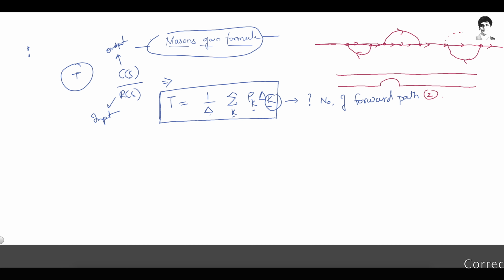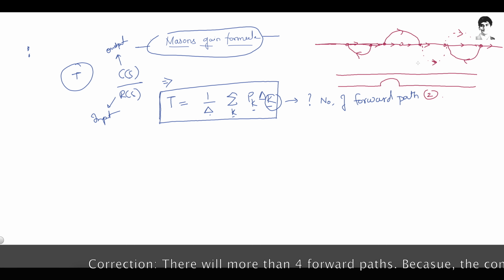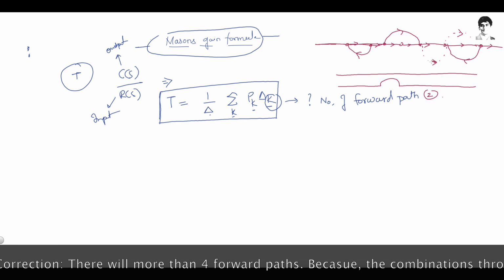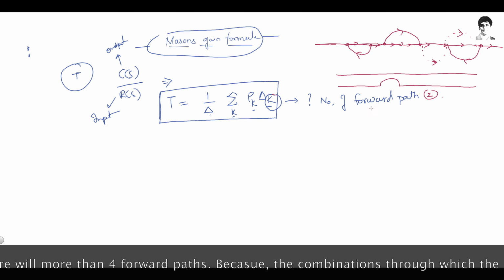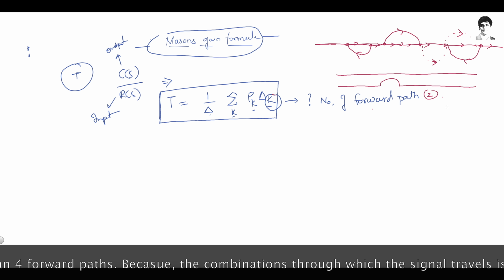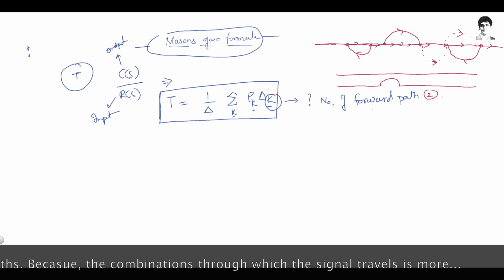If there was one more here, then there will be 3 forward paths. Or if there is one more here, going like this, then there will be 4 forward paths. So k is basically the number of forward paths. Now you know what the forward path is.